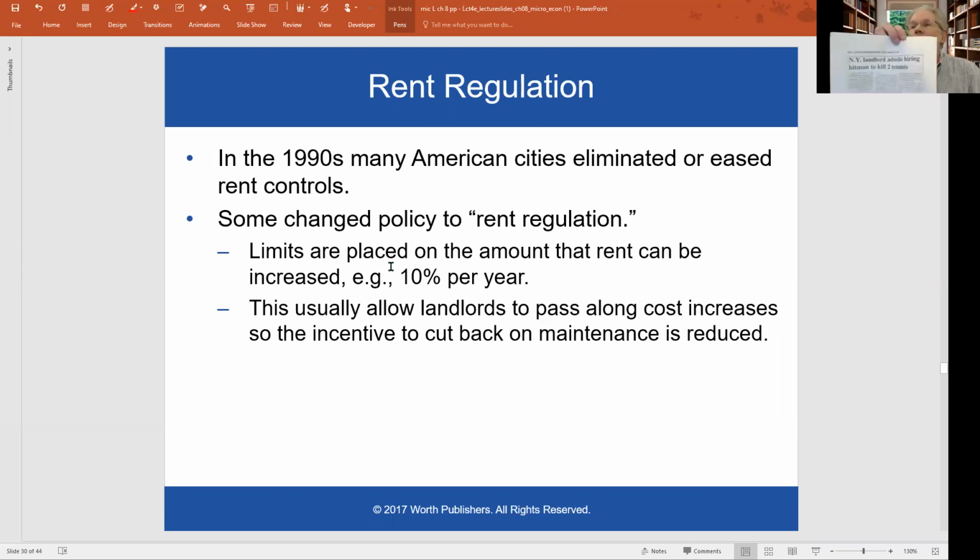I meant to scan this in, but you can see that here. This was from the New York Times, actually it was in the Natchitoches Times, but it came originally from New York, January 8th, 1999, where a landlord was getting a really bad deal because he had these tenants who stayed in his unit for a very long time, so he was not able to raise the rent.